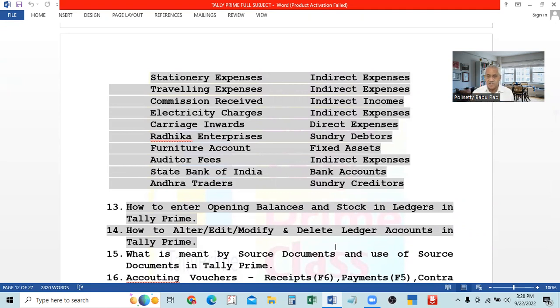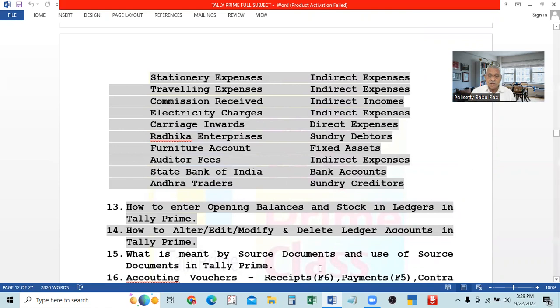For example, we purchased goods. Then how do you know about the purchases and all the details regarding the purchases? There must be a document in support of the transaction. These documents in support of the transactions are proof of the transactions, or base for the transactions. They are all called source documents.